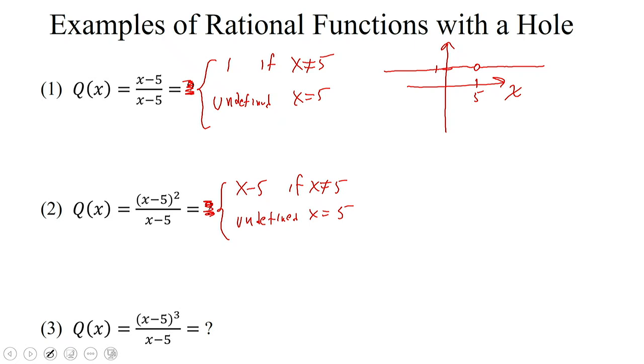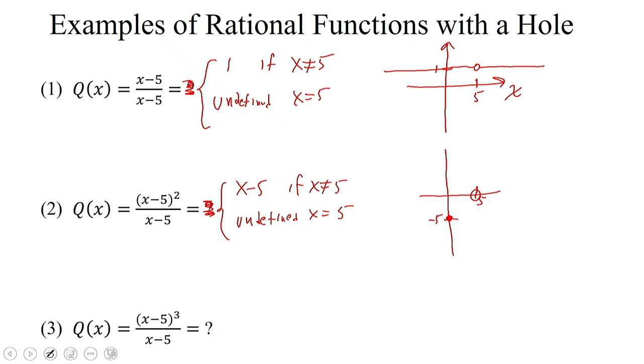So what does that look like? So x minus 5 is the straight line. When x equals 0, the y value is minus 5, so it goes through that point. And when y is equal to 0, x would be equal to 5, except that there's a hole in the graph there because it doesn't take that value.